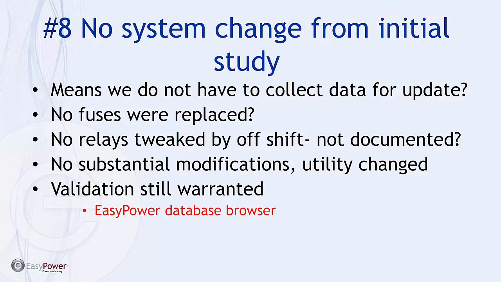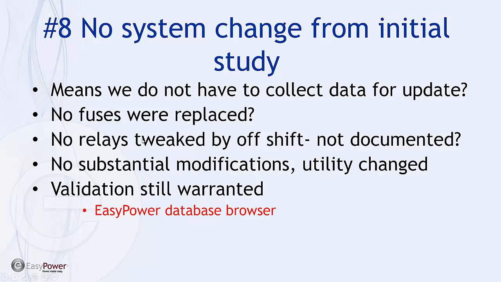Are you sure? Again, when an engineering team or a management team is verifying the data is accurate, there's a whole lot of risk being lifted off the back of the person conducting the study. Because what we're talking about is, are you sure no fuses were replaced with accidentally the wrong size and for some reason it wasn't documented?